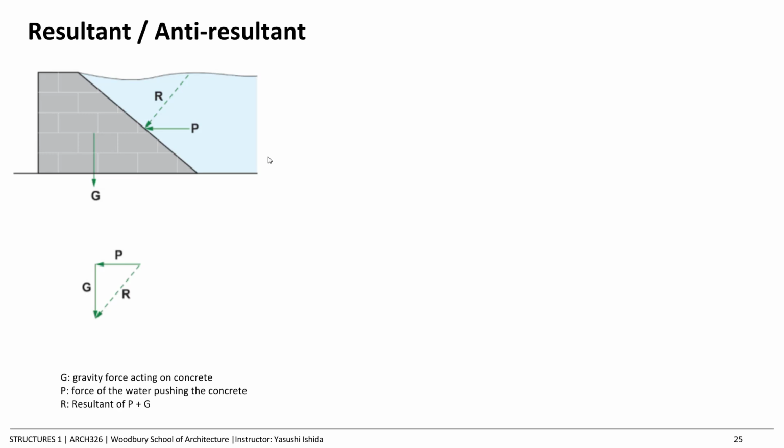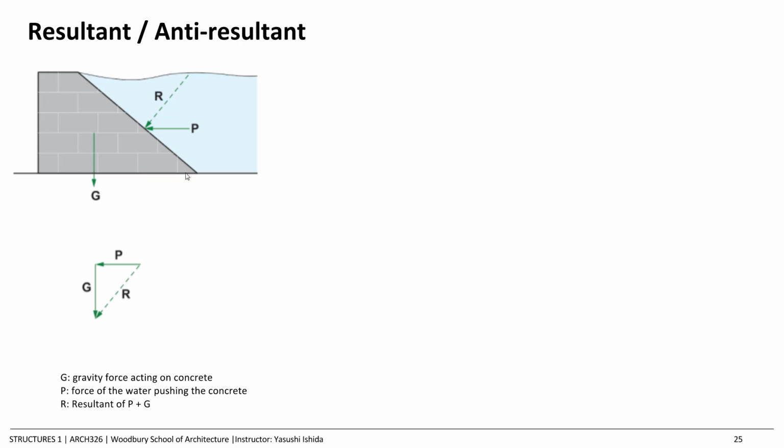All right, let's imagine a scenario where it's like a river or something, and you have this concrete wall at some angle, right? So what forces are acting here? I should have probably had one image without all of these forces drawn in, but it's not hard to imagine.